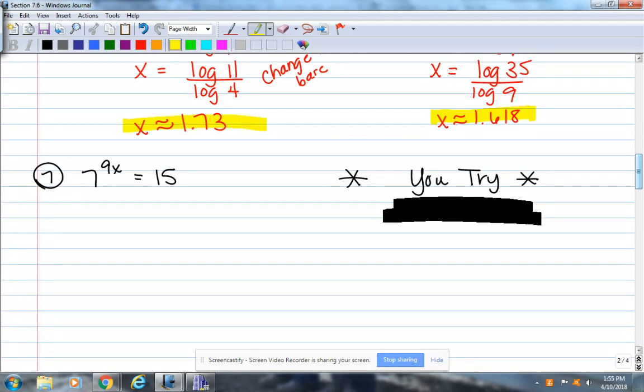All right, let's do one more similar, and then I'm going to have you try one on your own. But I've got it blacked out, so you can't work it ahead of time. This one is just slightly different.